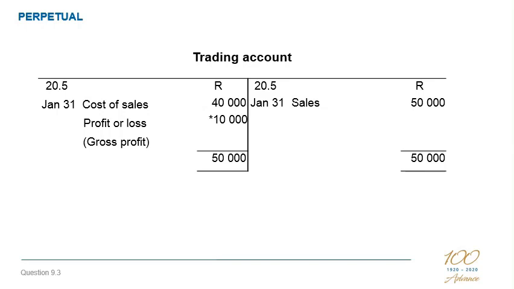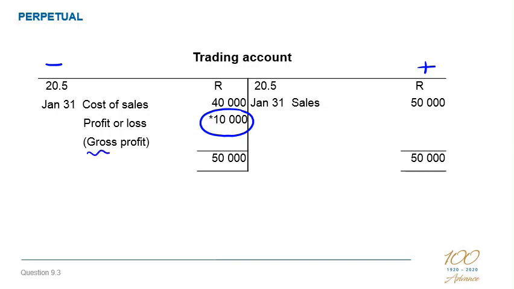So in my trading account, I will end up with net sales as an increase in gross profit, cost of sales as a decrease, and then my balancing amount is my gross profit.